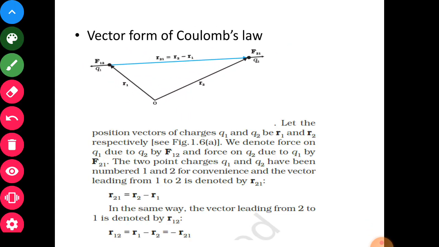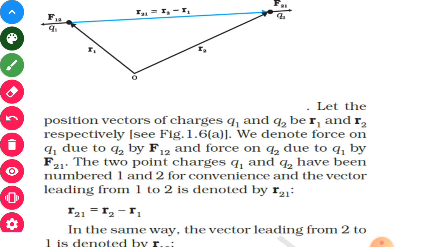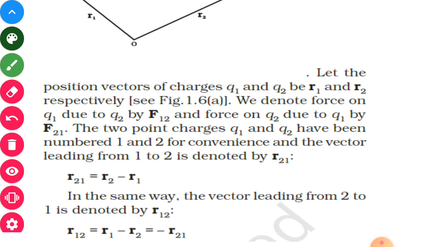Let us consider the position vectors of charges, as you know, they are denoted by vector r1 and vector r2. r21 is taken as r2 minus r1.